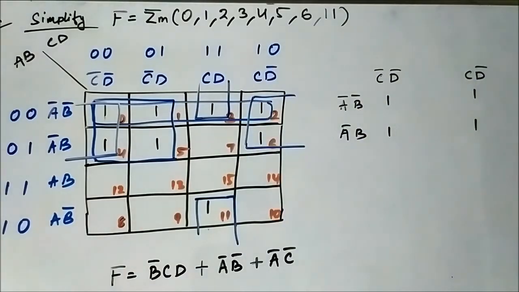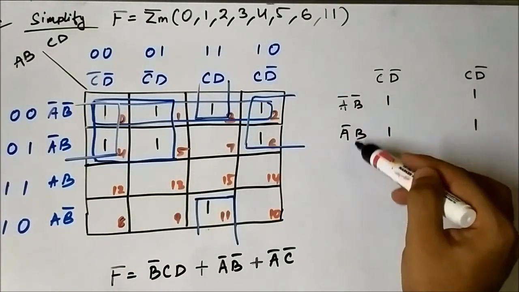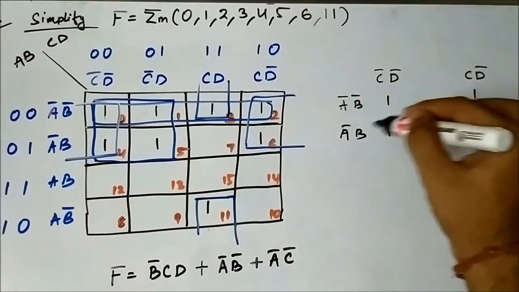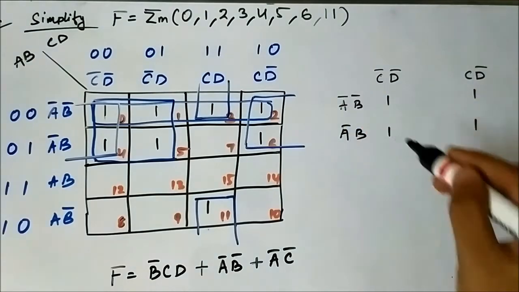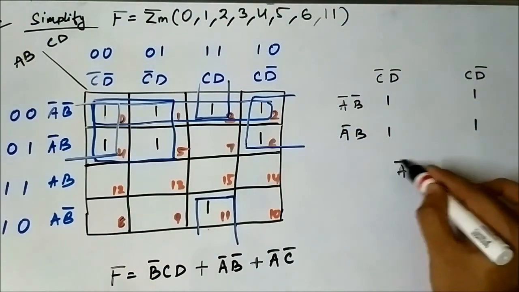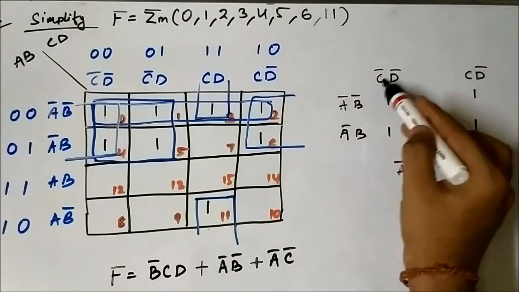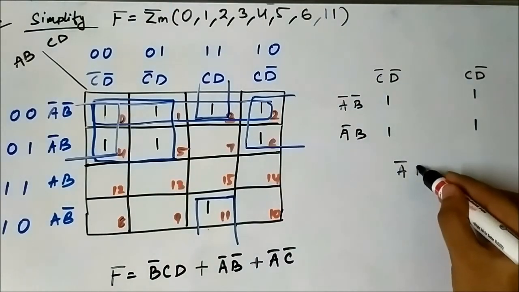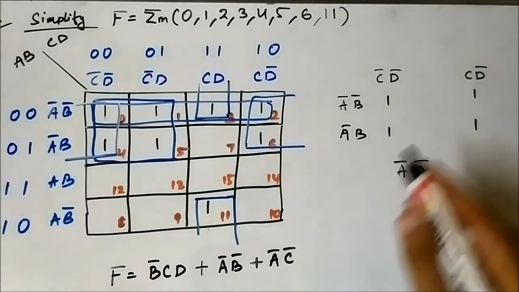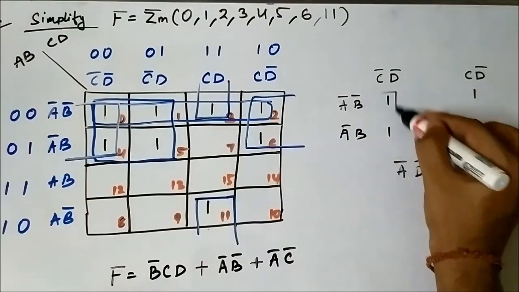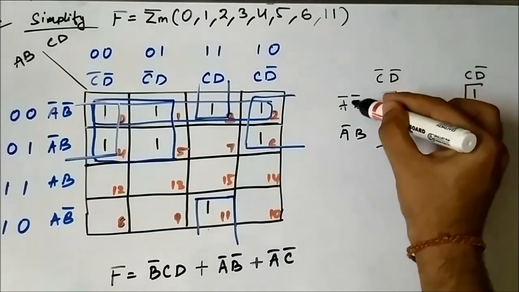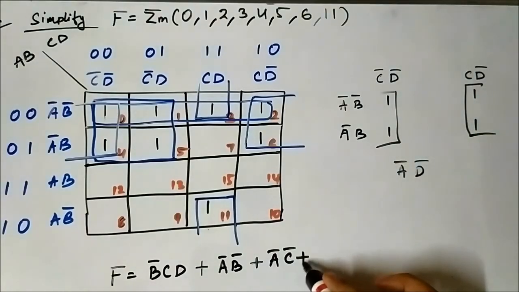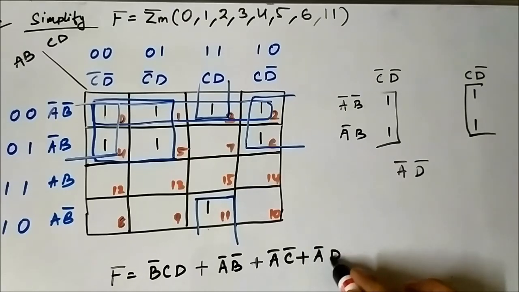Here you see in the horizontal side A bar is common, and in the vertical side we have D bar common. So in this quad we have A bar common from the horizontal side, D bar common from the vertical side. So the common set of variables are A bar, D bar.